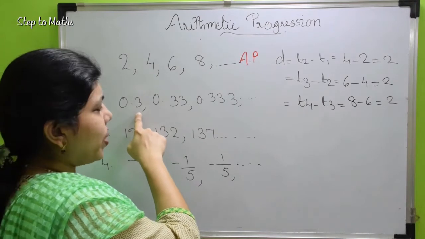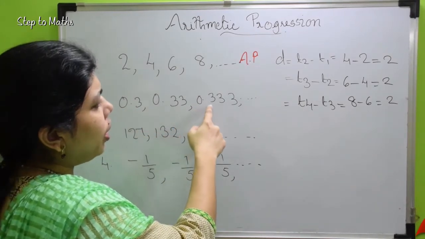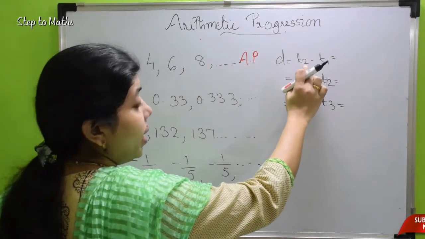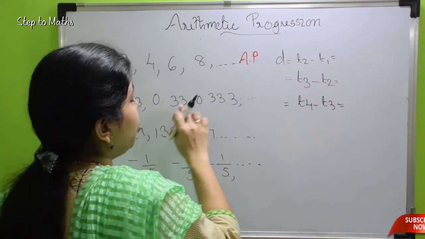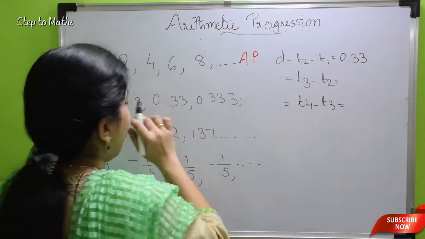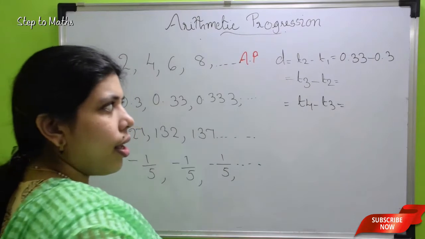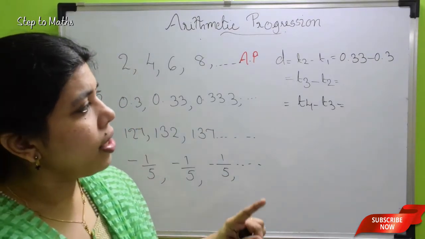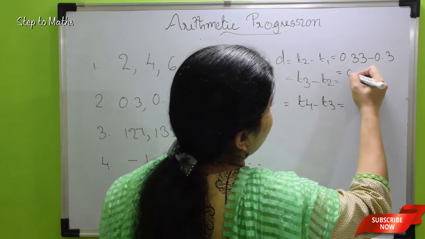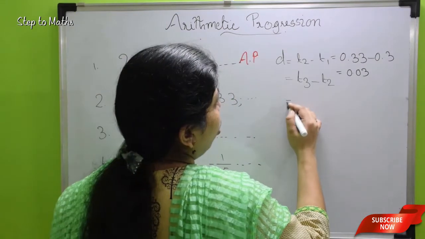Consider the second sequence 0.3, 0.33, 0.333, etc. Find the value of D. D is T2 minus T1. T2 is 0.33 minus 0.3. 0.33 minus 0.3 is equal to what? 0.03.